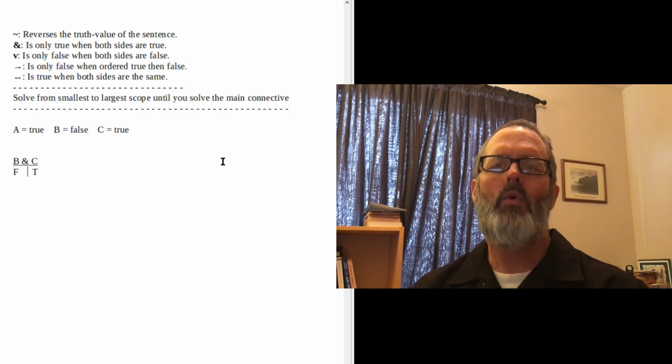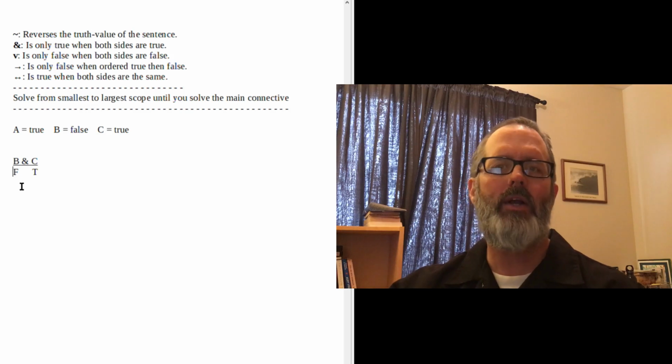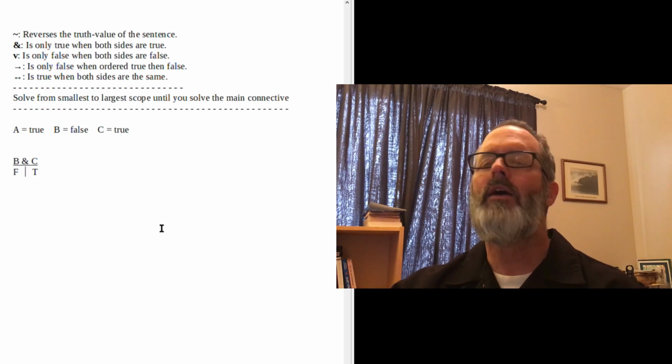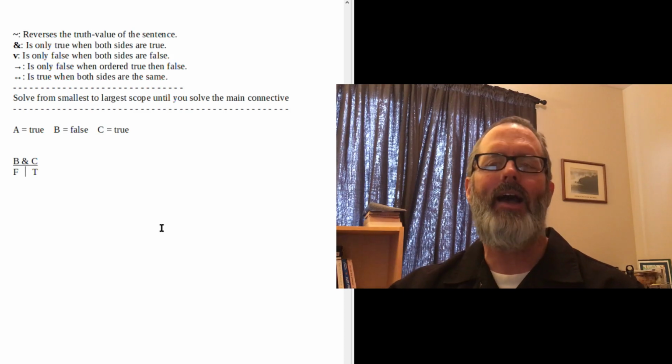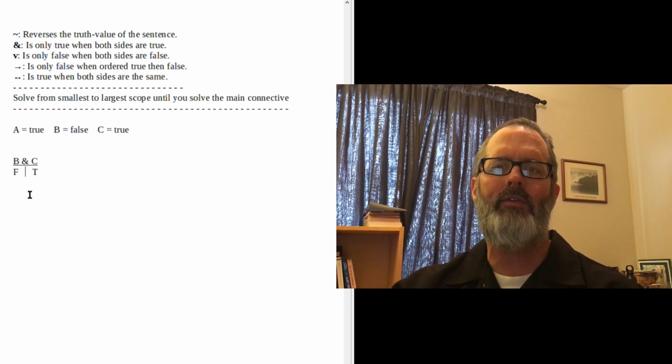Now notice, we are comparing the sentence value B, false, to the sentence value for C, which is true, and we're comparing it in terms of and. Good? So we look at the truth conditions for and. It says an and is only true when both sides are true.